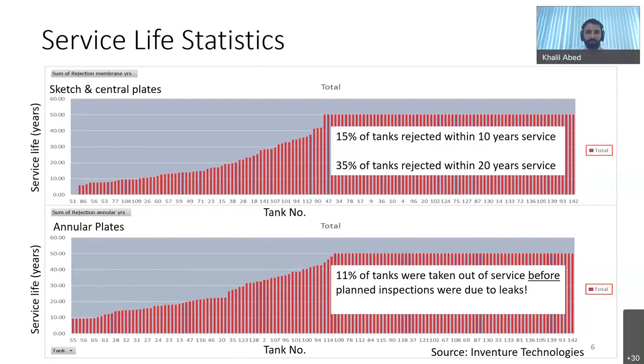The top graph shows that 15% of the tanks got rejected due to corrosion in the sketch and central plates within 10 years from commissioning, and 35% within 20 years. The bottom graph shows that 11% of the tanks were taken out of service before the scheduled inspection due to leaks in the annular plates. So you can imagine the impact on the operations of the terminals or refineries where tanks exist.